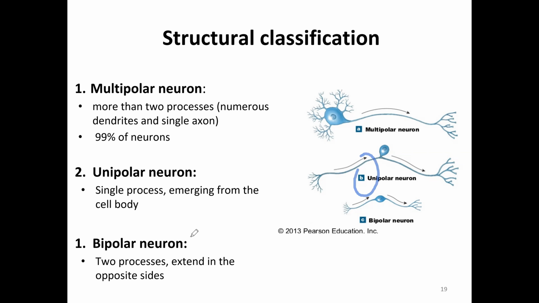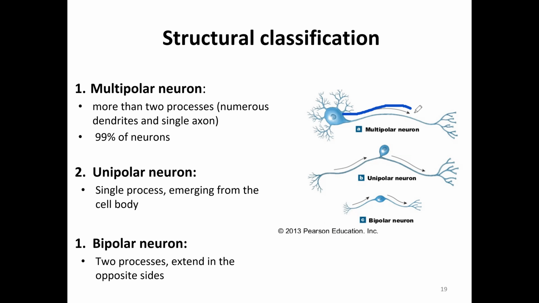And then we have a bipolar neuron, when we have 2 processes coming from the cell body in opposite directions. We call them the peripheral process and the central process, but this is really our dendrite, and this is our axon, because remember what an axon is.